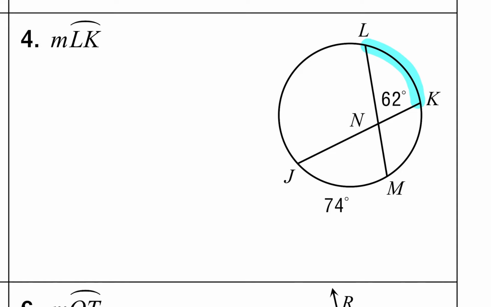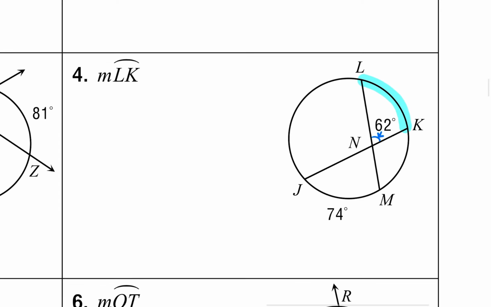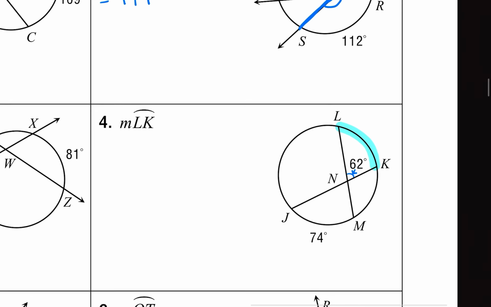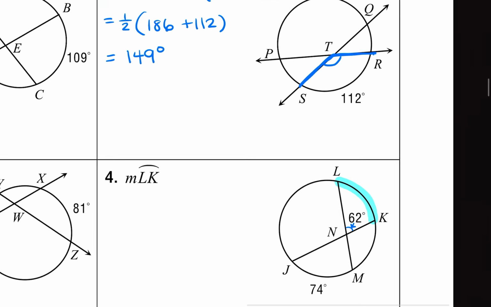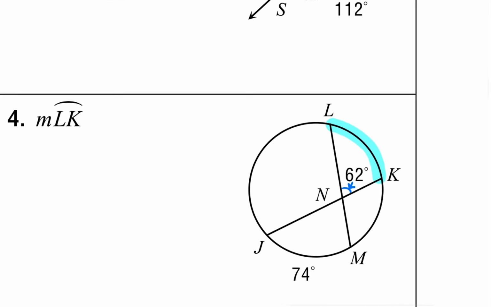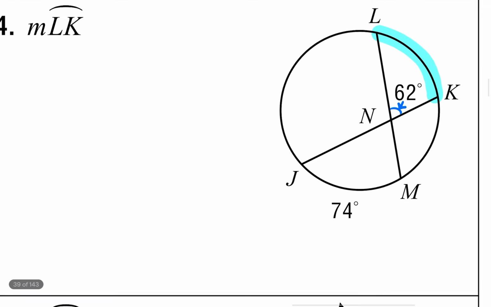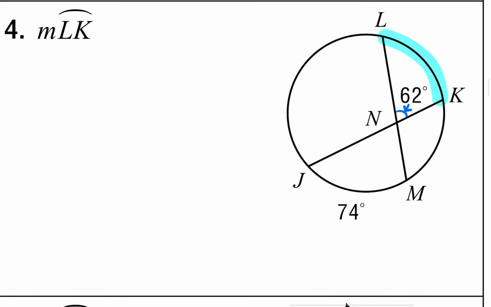So I'm going to set up an equation. First of all, the 62 degrees is pertaining to this angle here. So, let me see what I should name this angle. L and K. Yeah.